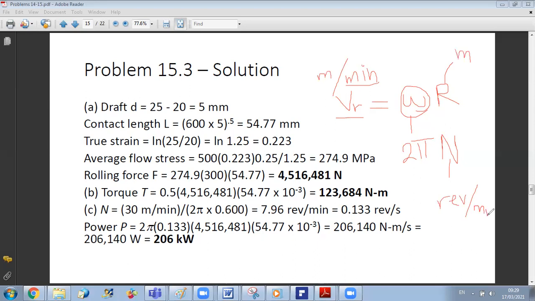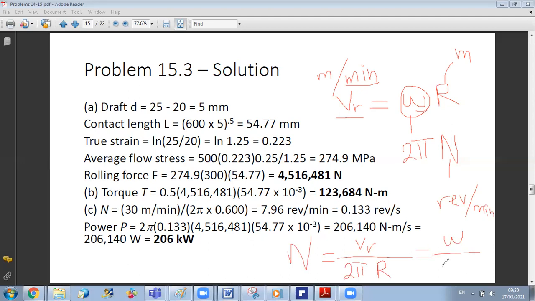If you want to find n from this formula, n is equal to the velocity vr over 2 pi r. Or in other terms, it's omega over 2 pi, because vr over r gives you omega.